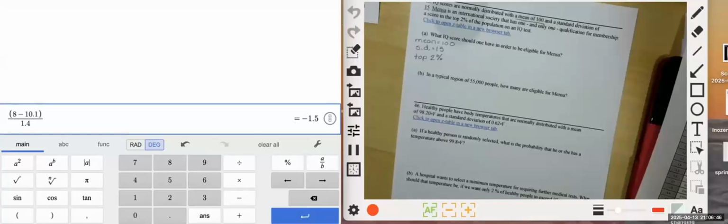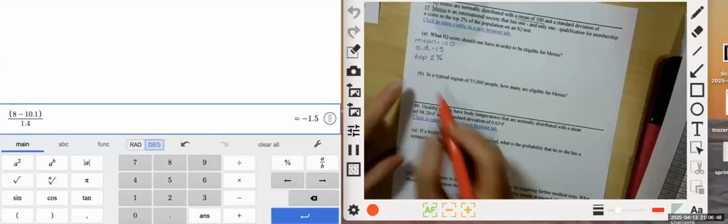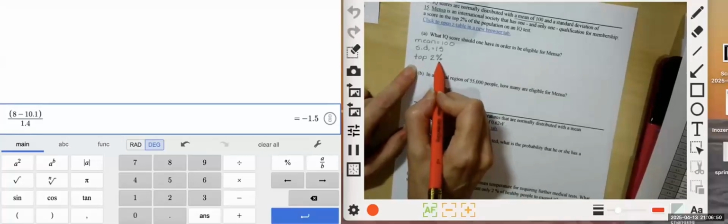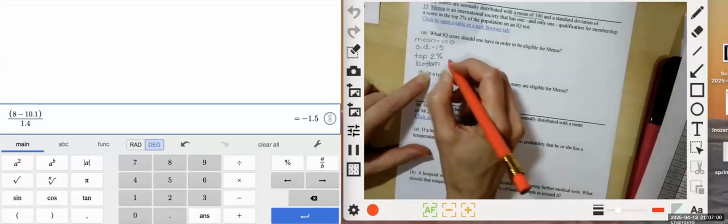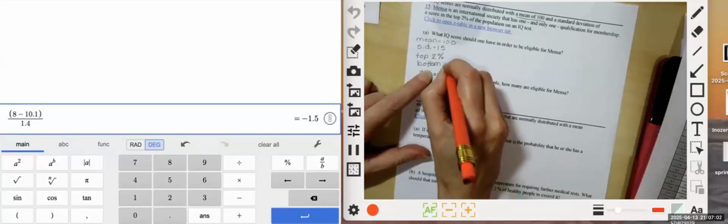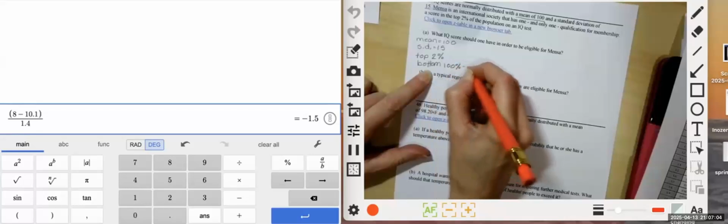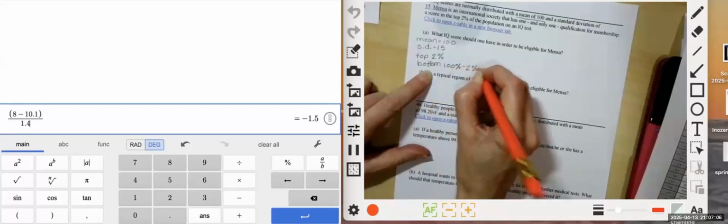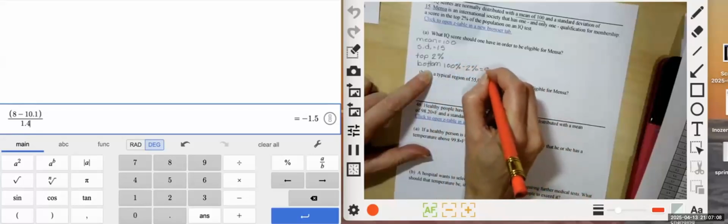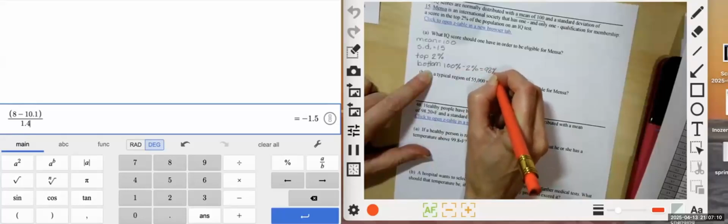Yes, you are correct, because it's the top 2%, and the table is going to give us the bottom. So we need to do the 100% minus the 2%, and we'll use 98%.